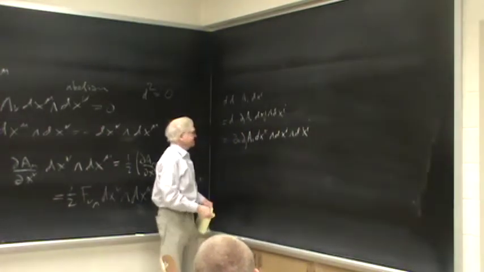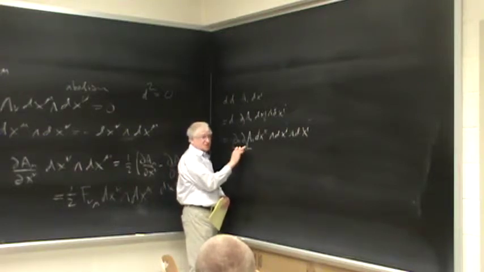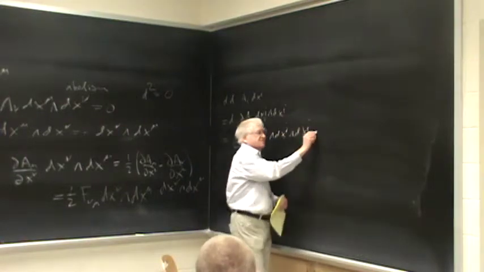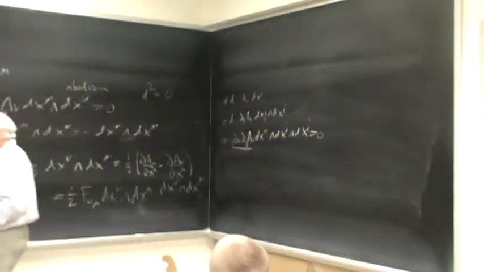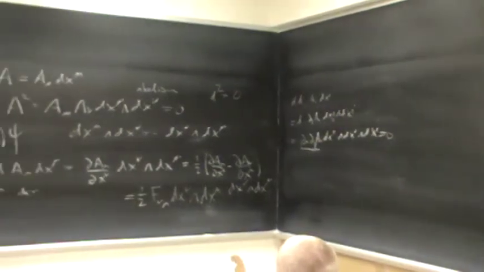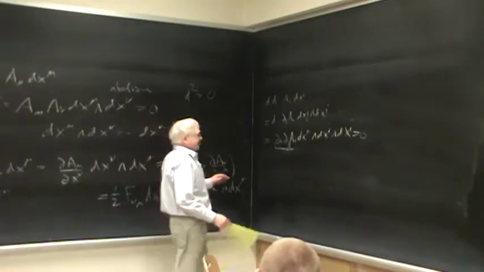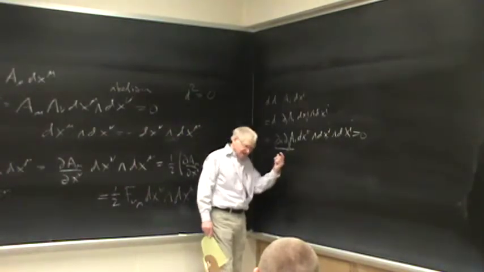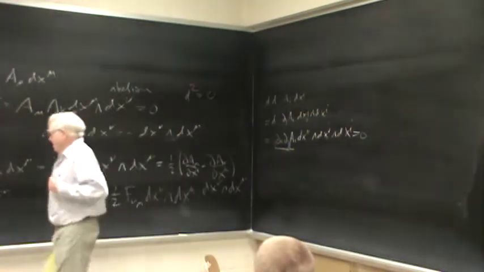The point is, these two, k and j, are symmetric, and these two are anti-symmetric, so the whole thing is 0. That's the big trick of the method of the form people: you often wind up with a symmetric thing times an anti-symmetric thing, and so it's automatically 0.